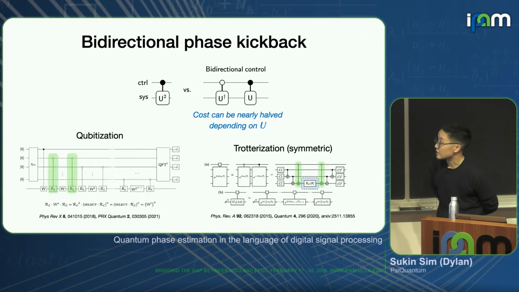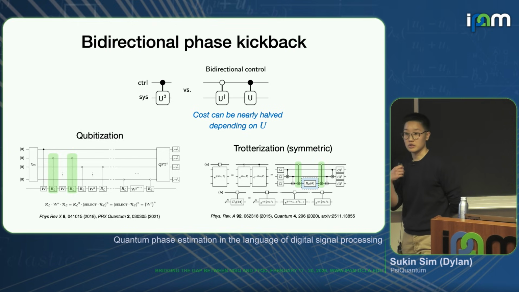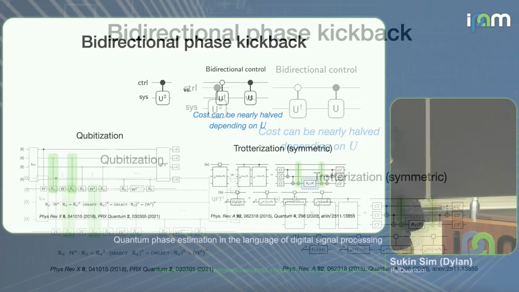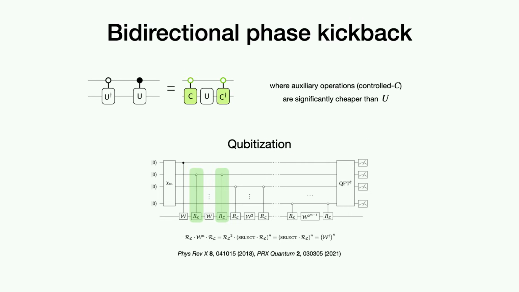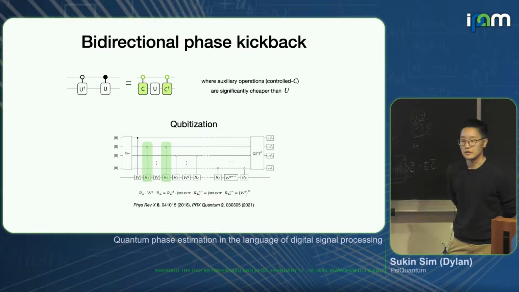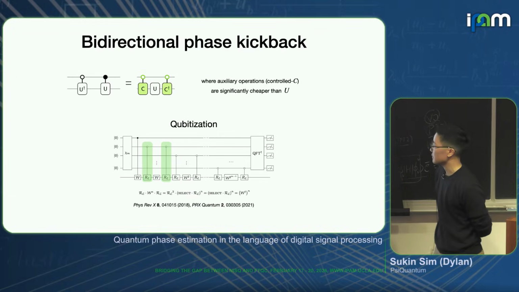And this is shown in literature for actual structures of U's that we care about, in qubitization and in symmetric trotterization. For the sake of time, I'm just going to focus on qubitization, where in this case, the U, which is the walk operator, can be bidirectionally controlled by applying an uncontrolled U that is conjugated by these auxiliary operations, control C, which are significantly cheaper than the cost of U.